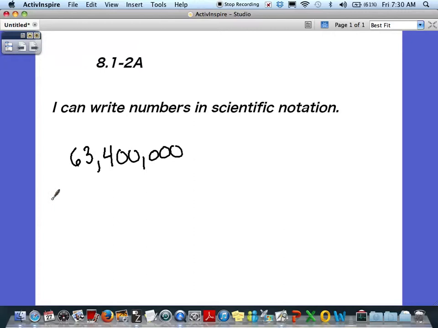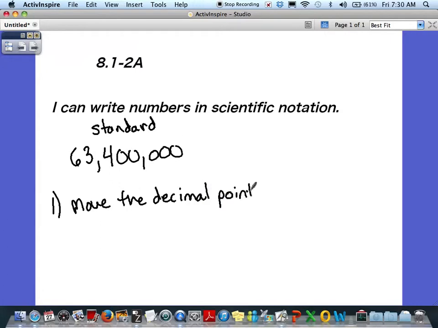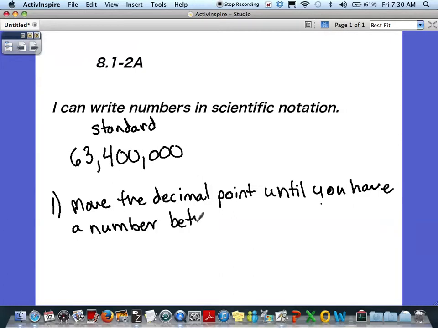The first step when you want to write a number that's in standard form, which is the regular way you write numbers, you might want to write that as your vocabulary, is to move the decimal point until you have a number between 1 and 10.